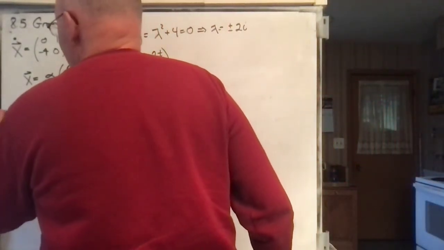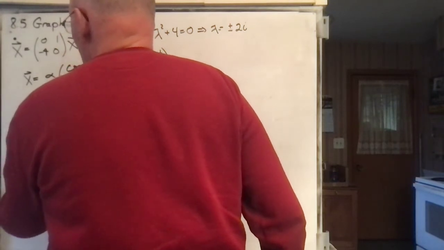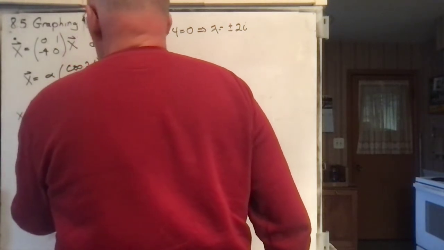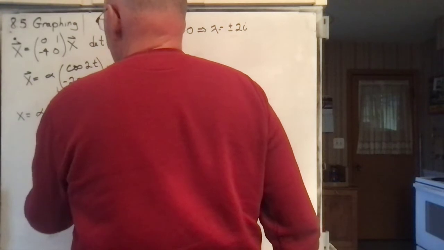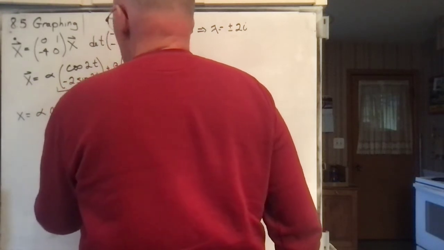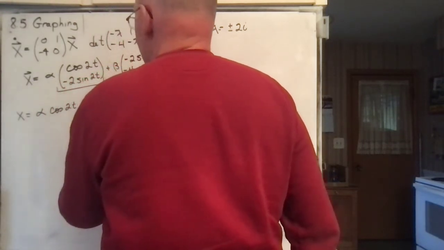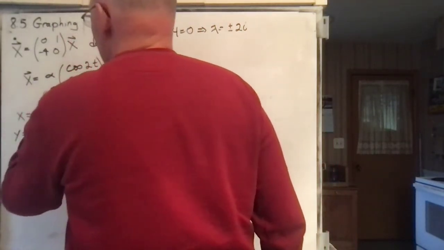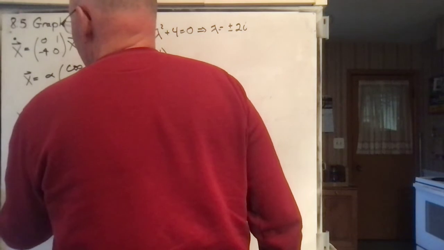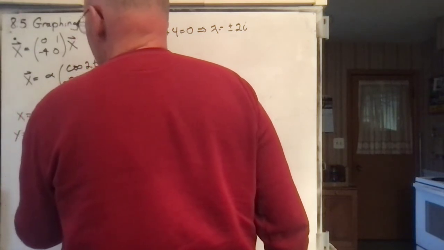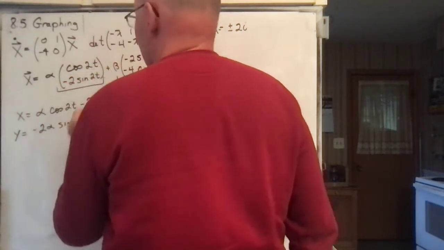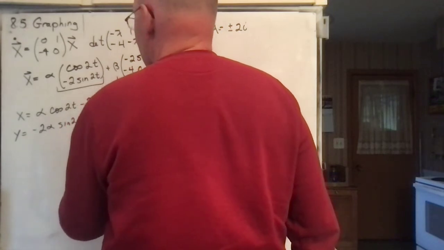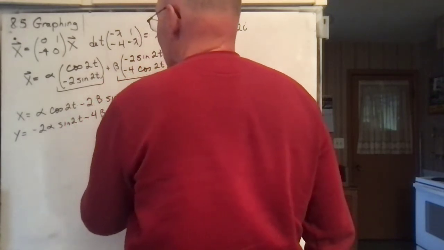Let's write x is equal to alpha cosine of 2t minus 2 beta sine of 2t, and y is equal to negative 2 alpha sine of 2t, minus 4 beta cosine of 2t.